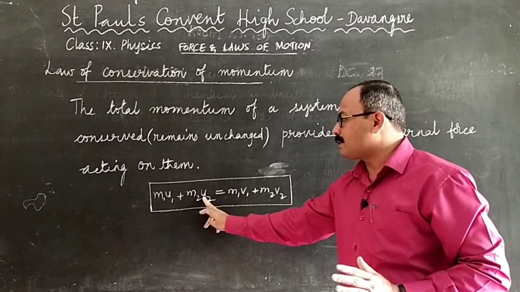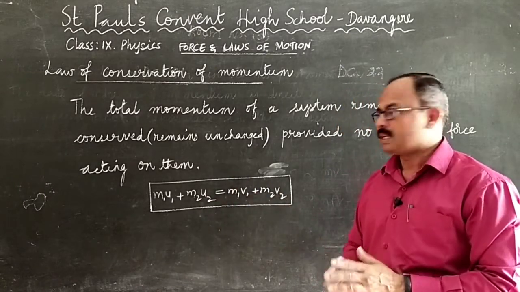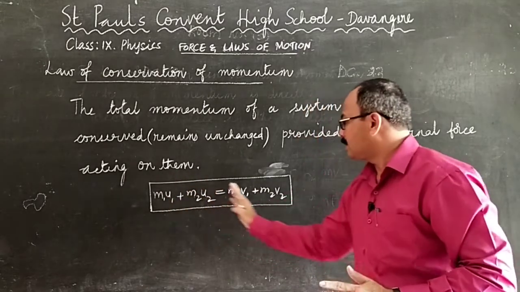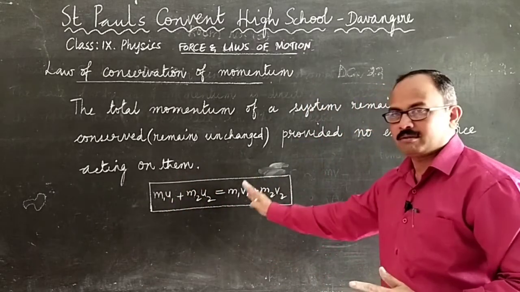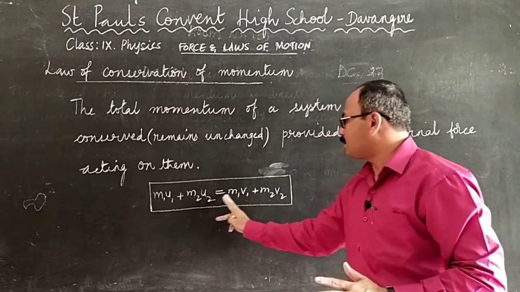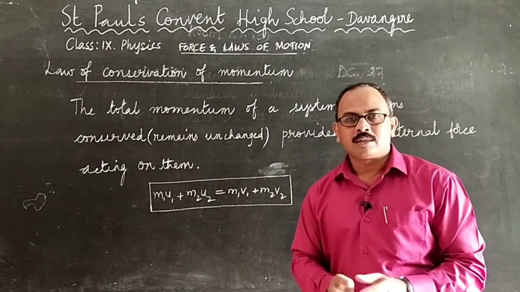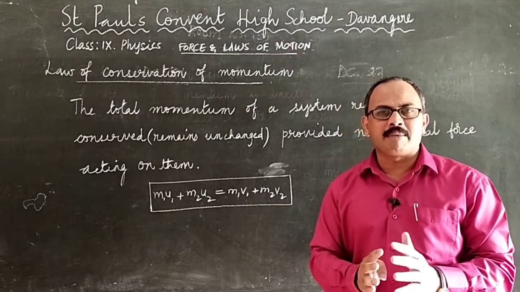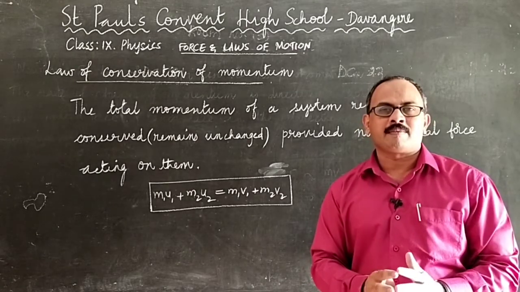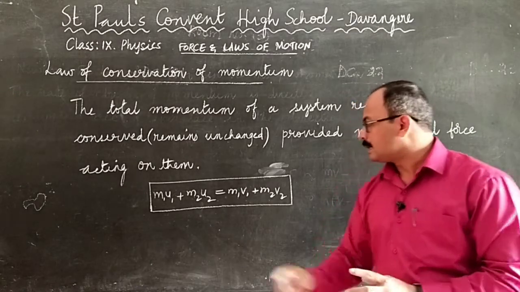The initial velocity of the car is changed to v2. So, this is the total momentum before collision, and this is the total momentum after collision. So total initial momentum is equal to total final momentum, which means the total momentum remains conserved. The total momentum remains same, provided no external force is acting on them.